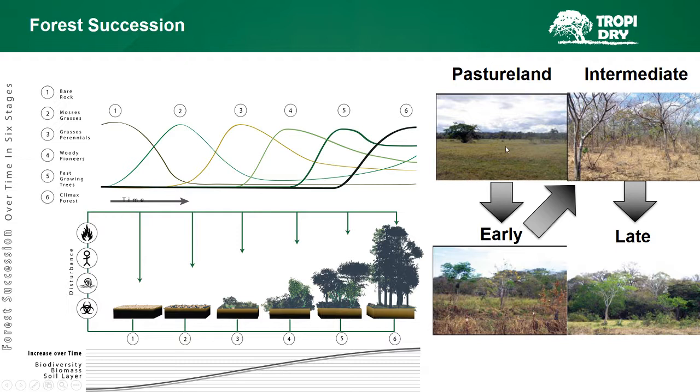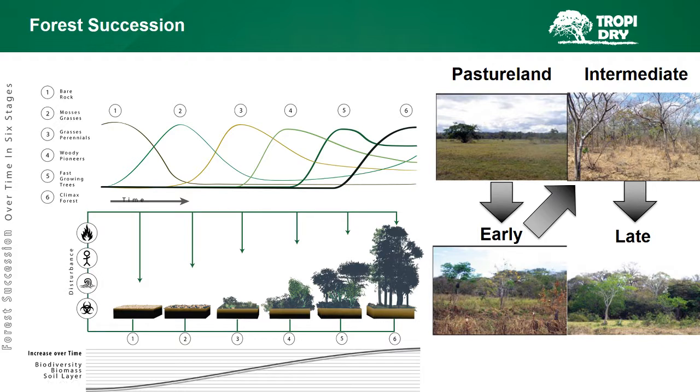After pasture land has been abandoned, typically in the 5 to 10 years that follow, we start to see trees coming back. So we start to see this stage 4 or even early stage 5 process that is just small, fast growing vegetation.